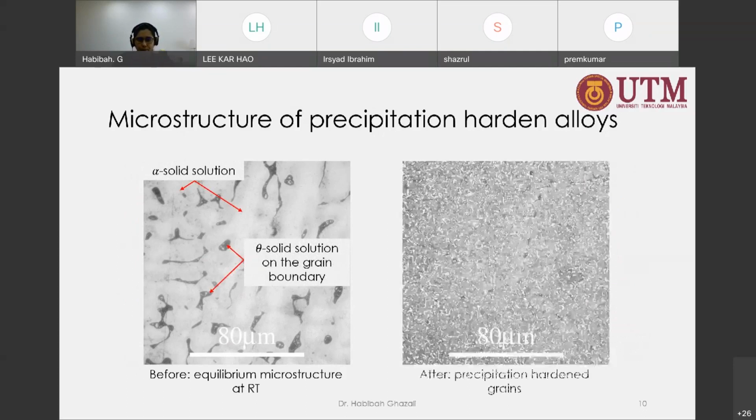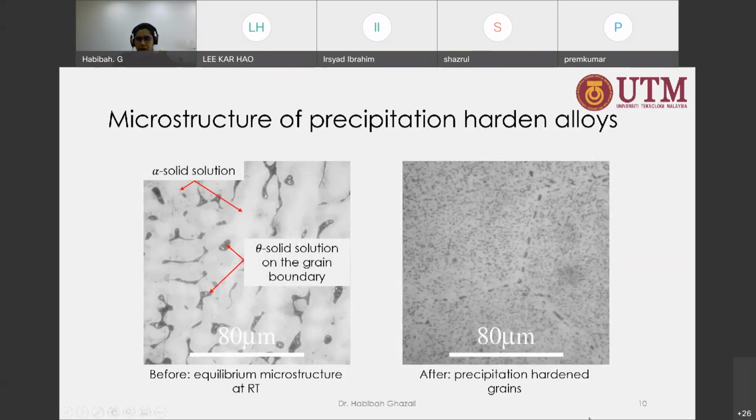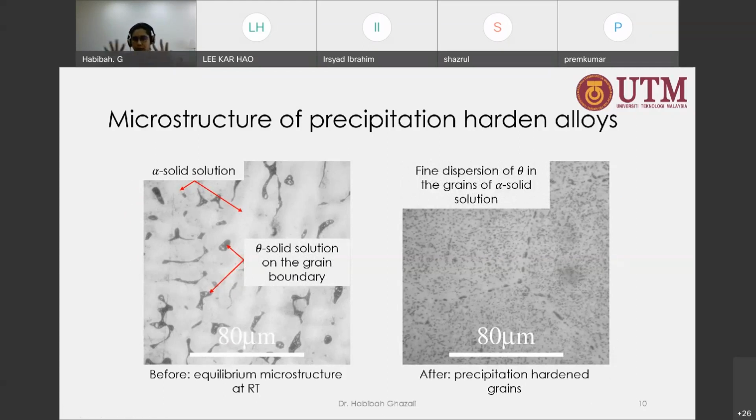And then when we perform the precipitation hardening, you can see that a fine dispersion of theta is distributed uniformly in the grain of the alpha solid solution. So it becomes more effective to prevent or to stop the dislocation motion.